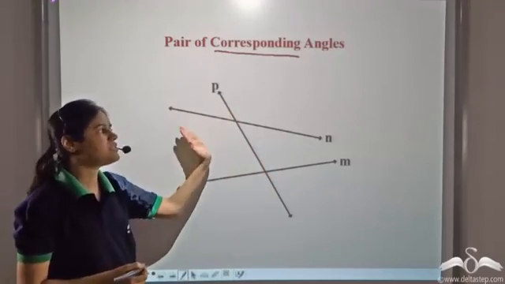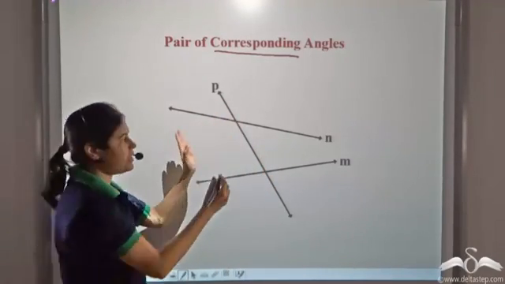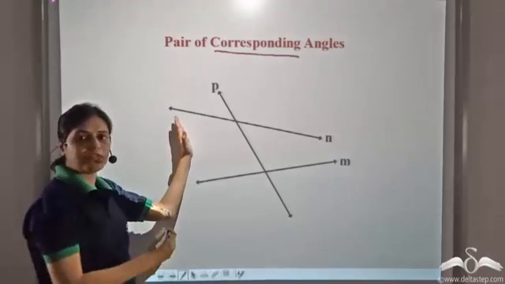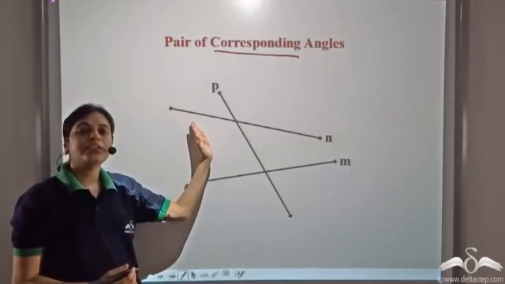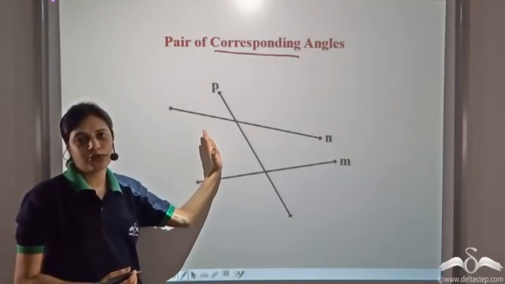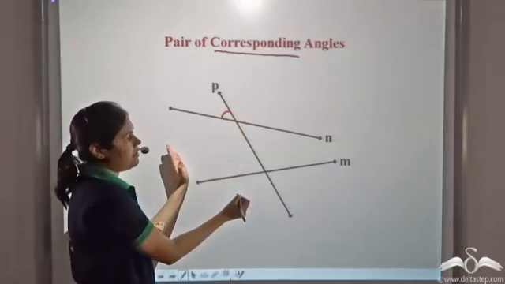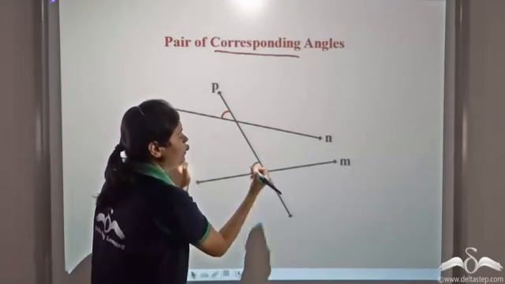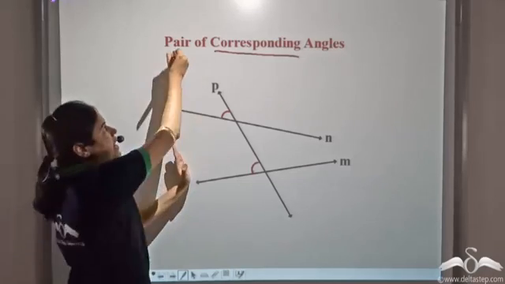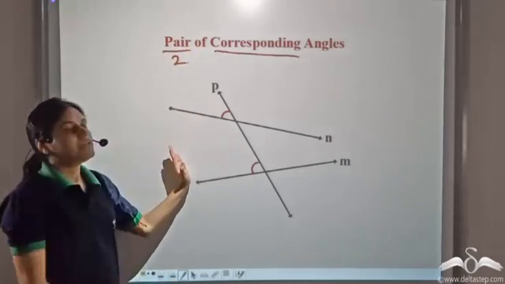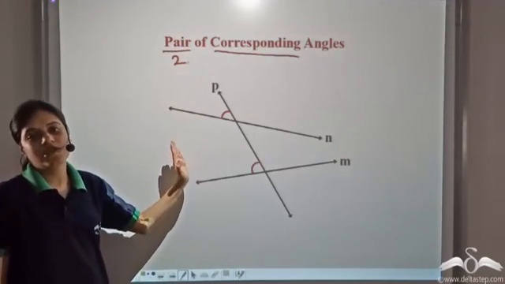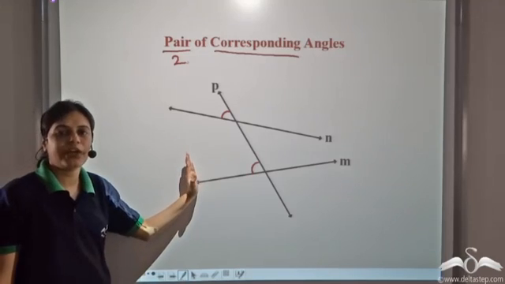So, let us consider this side of the transversal, that is the left of the transversal, and in the same position with respect to the two lines. That is, if I say above line N, then I have to take above line M. And pair means there will be two angles which are together called corresponding angles.